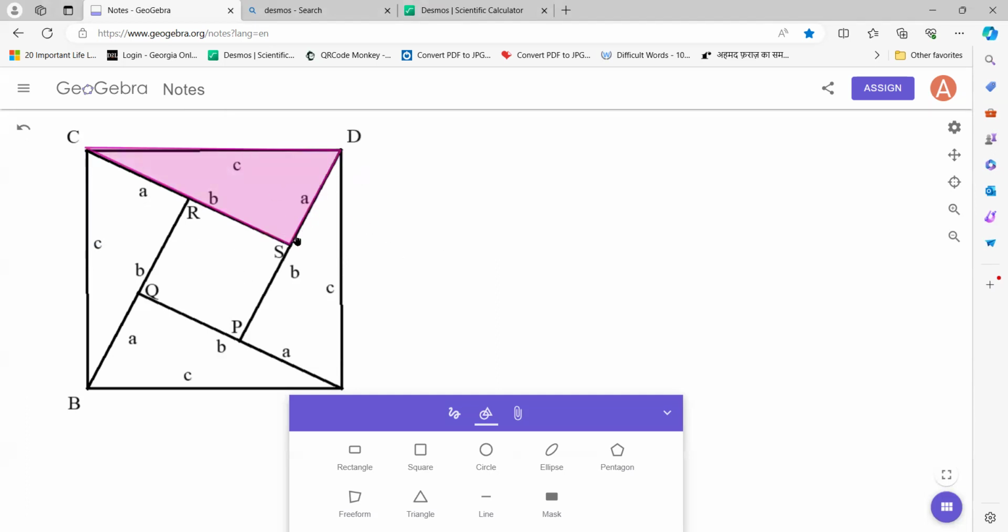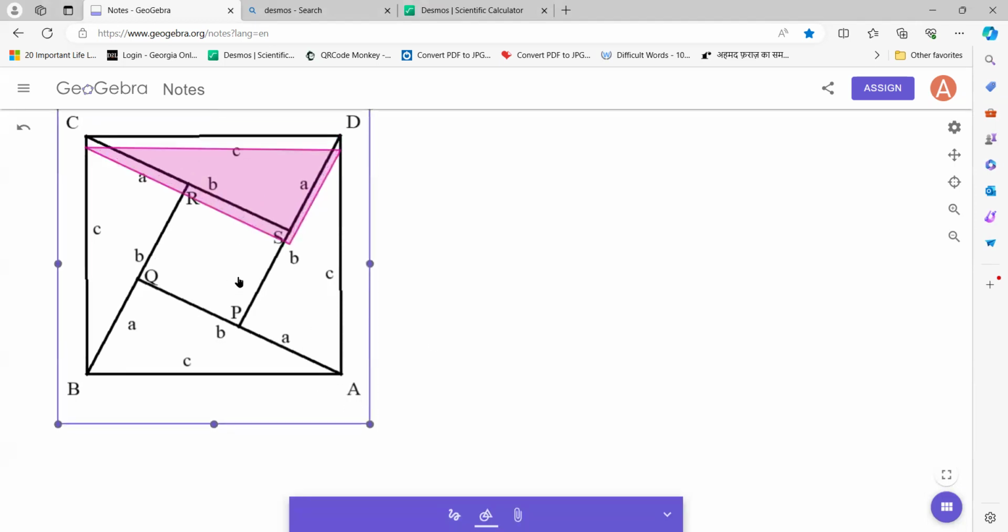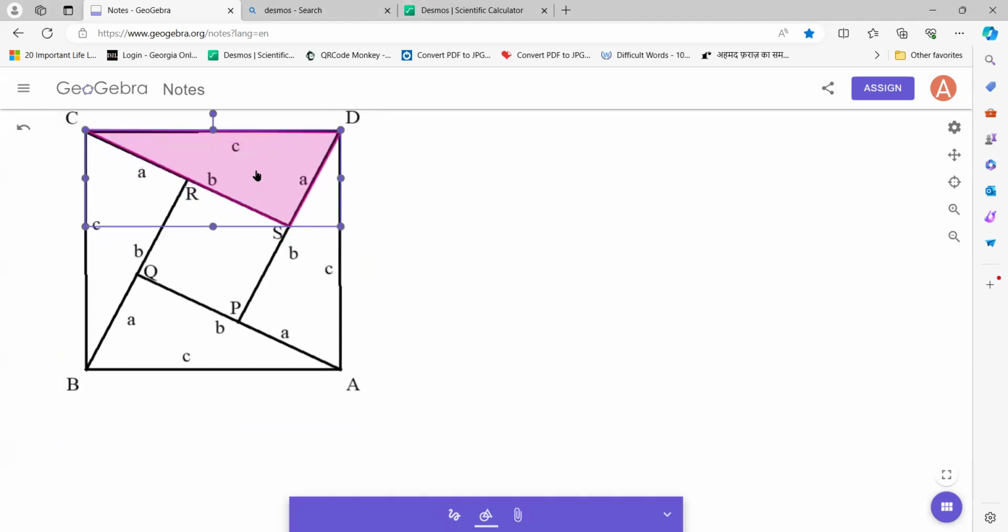The legs are A units and B units long, and the hypotenuse is C units. I arranged four copies of this pink triangle in a very specific way, as follows. First, I have to prove that the quadrilateral ABCD is a square, and the quadrilateral PQRS, the square shape in the middle, is also a square before I can proceed.